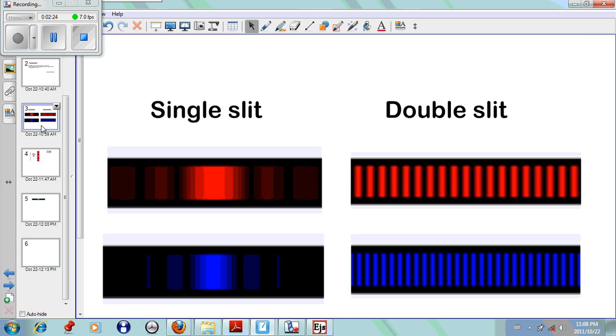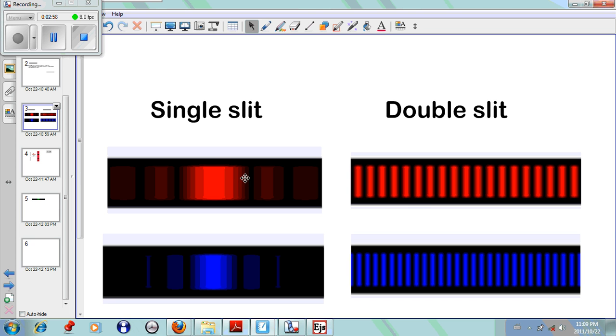Going a little further, we see that there's a difference when there's a single slit and when there's a double slit. When light goes through a single slit, we see the pattern as shown here on the left, where we have a central broad band in the center. Then we get alternating light and dark bands as you move away from the center. But if you use a double slit, we don't have a central broad band. We have equal, alternating dark and bright bands.